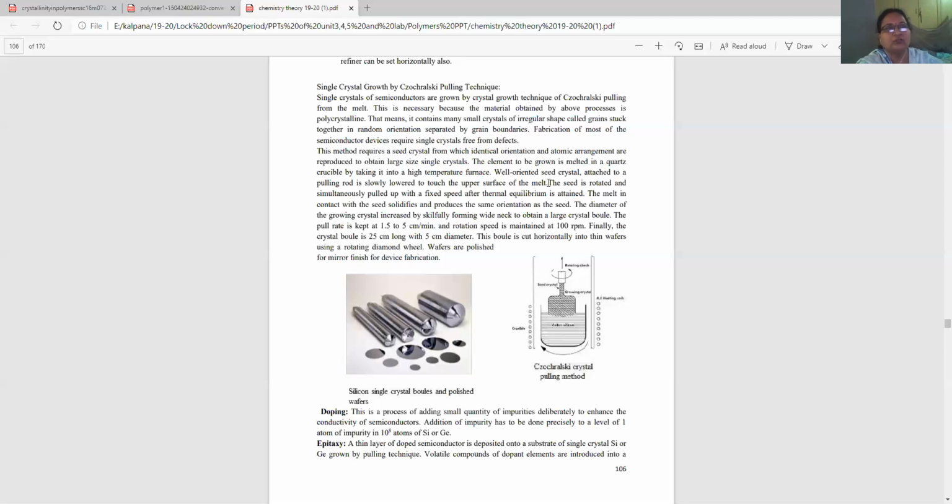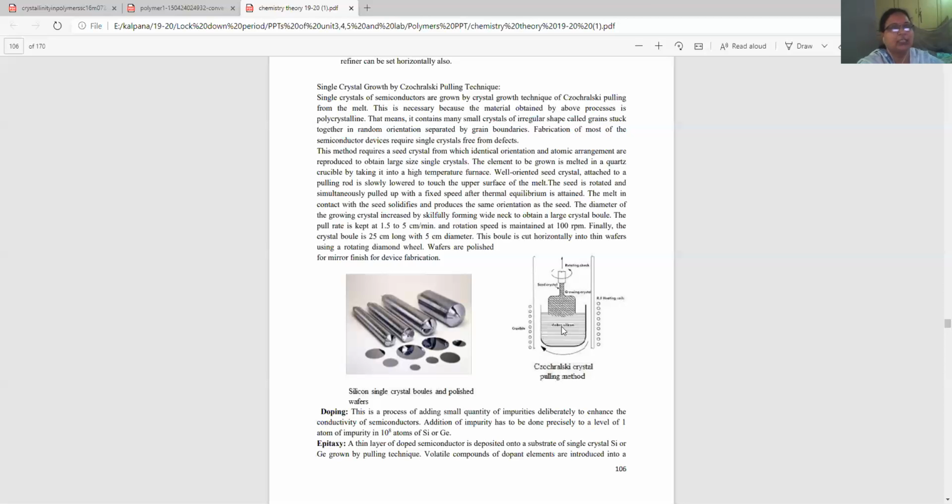So you can see in this diagram we have a crucible here, and there is silicon which is heated. Then we have this seed crystal on the pulling rod, and rotation is done. Then we pull the rod so that we get a single crystal of silicon.